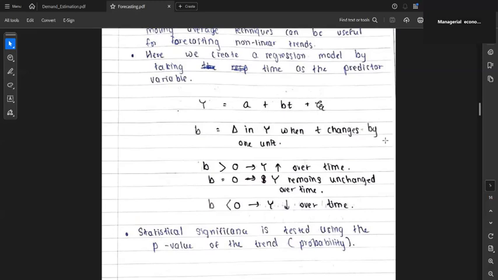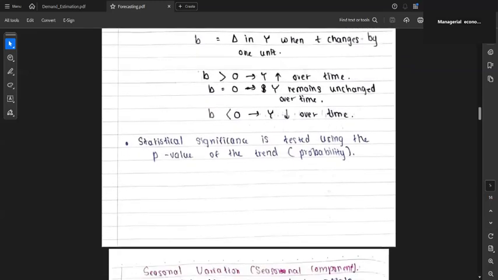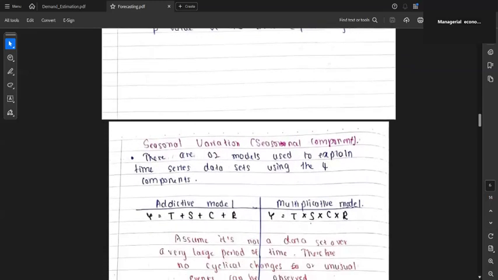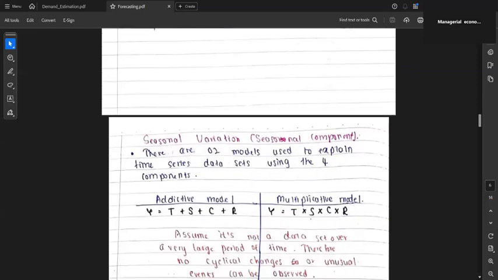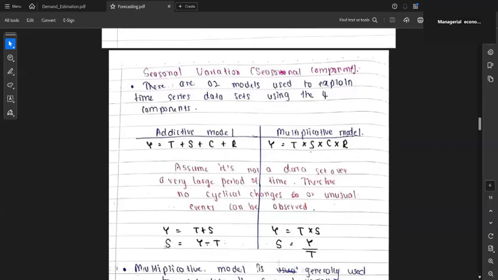That means it is much more significant than the minimum significance that we needed. That means we can explain more than 95% of the variation in the quantity of demand from time.